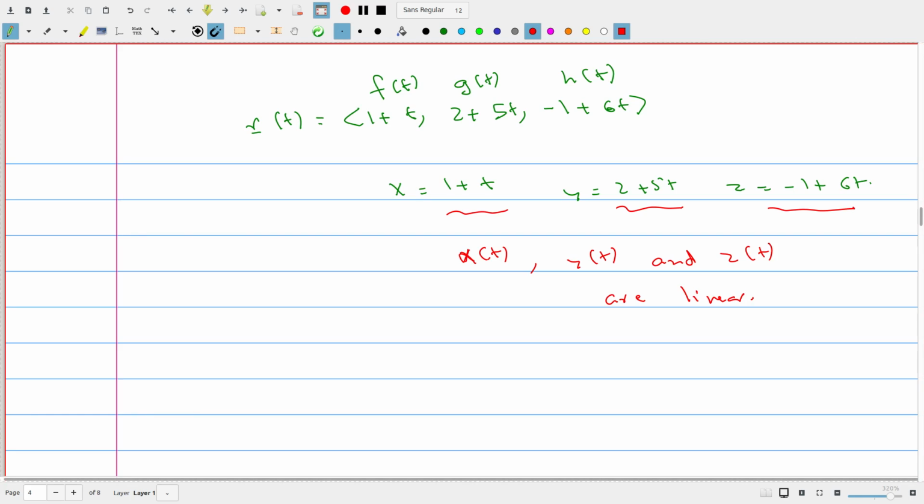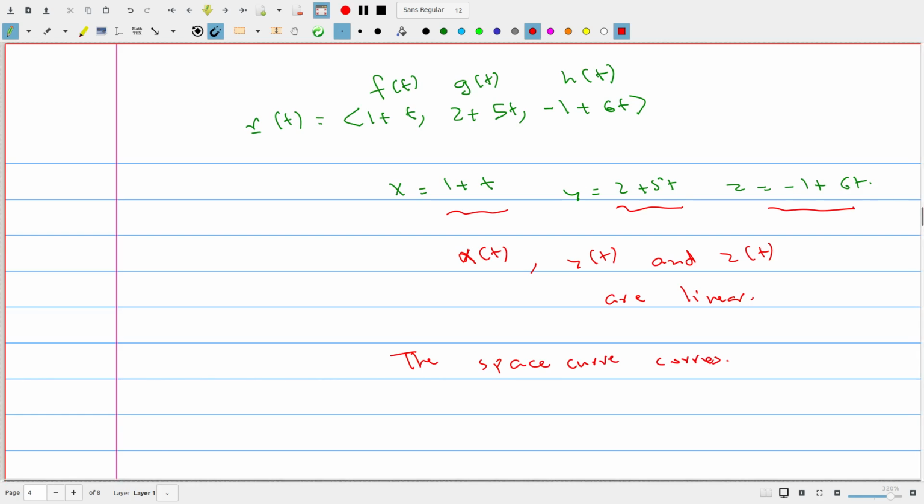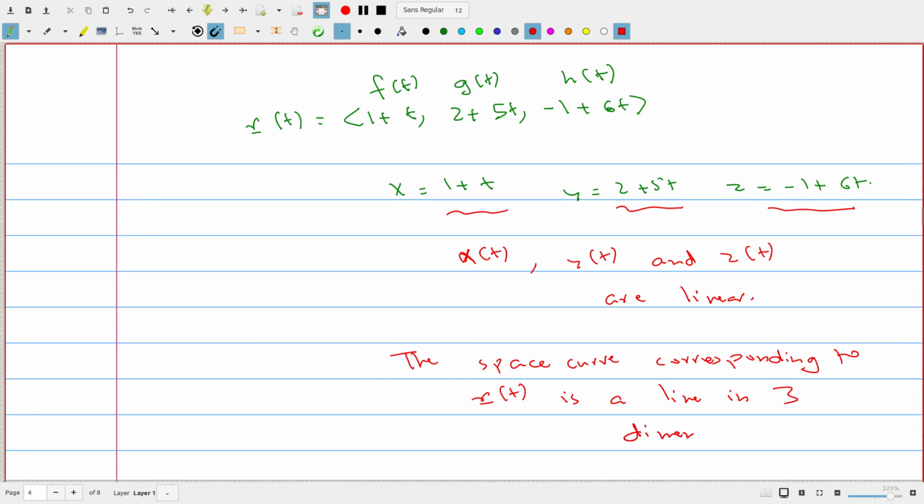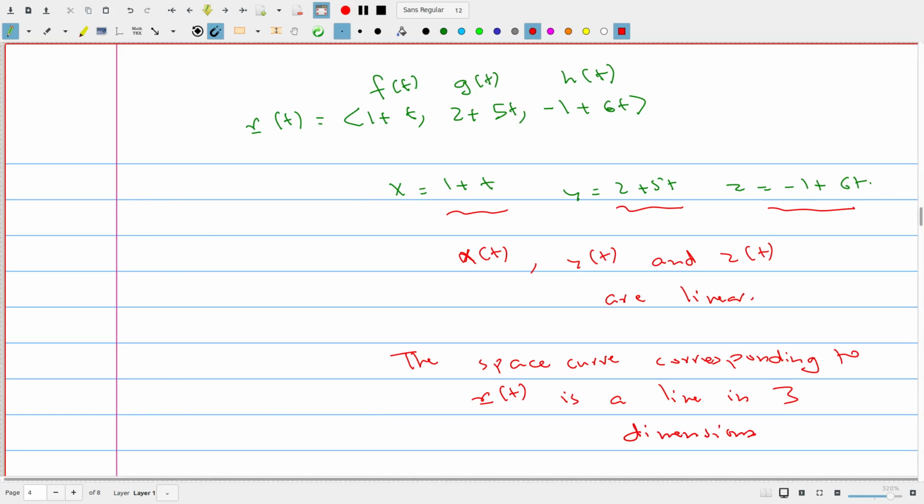So, actually, instead of saying this gives you, I should say the space curve corresponding to r(t) is a line in 3 dimensions. How do I know this? Because all of the component functions are linear.